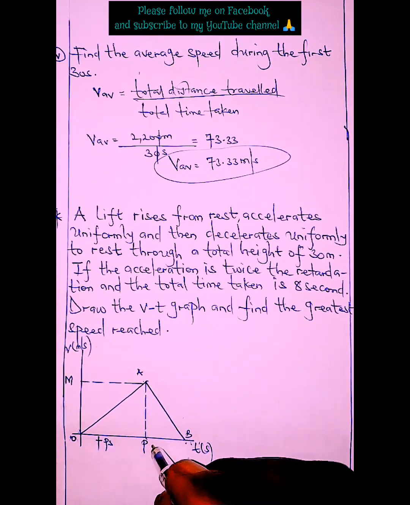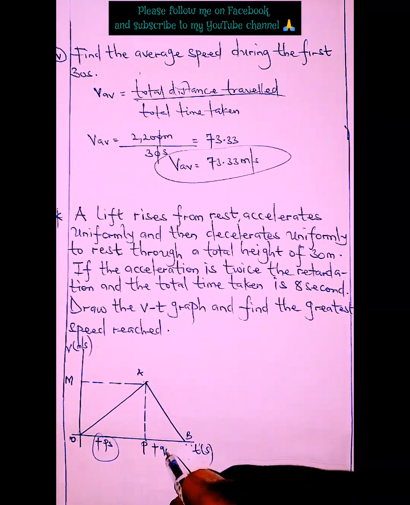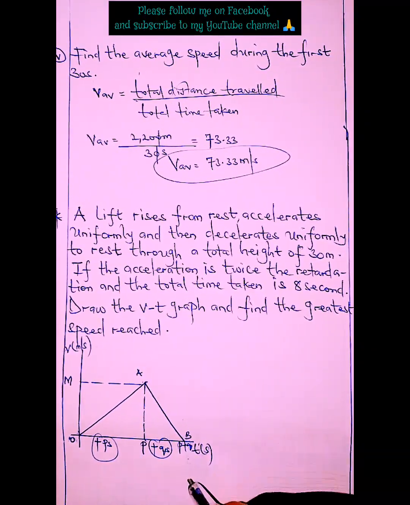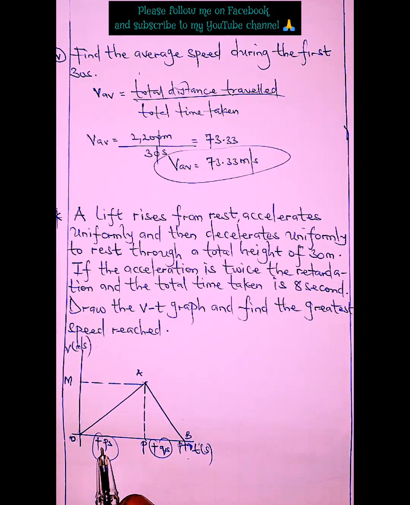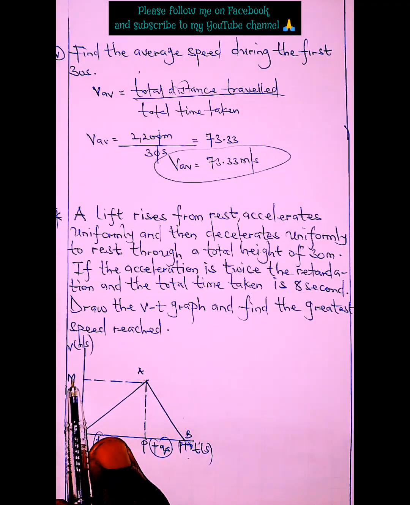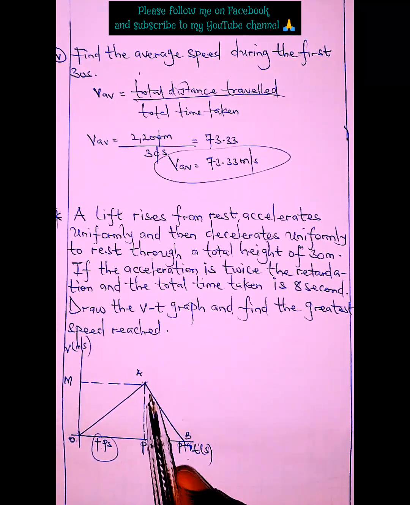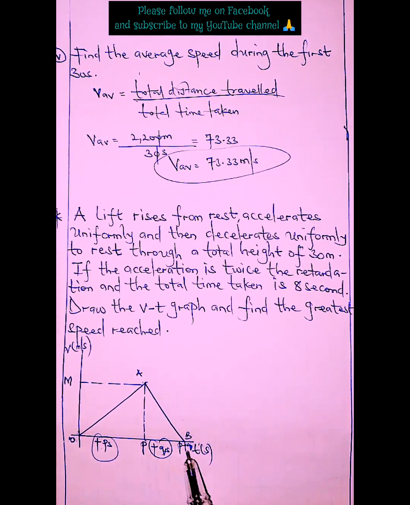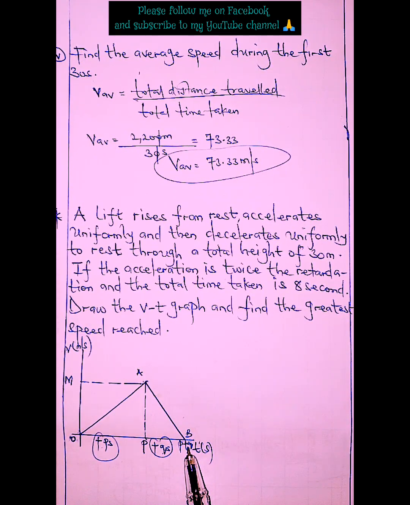So that means right here we have p plus q. At point A we have p, and at point B we have p plus q seconds.